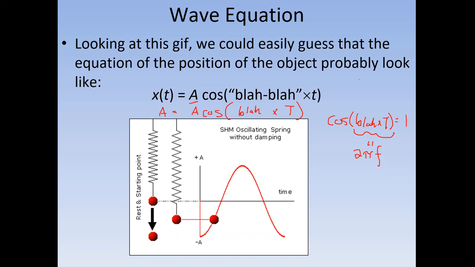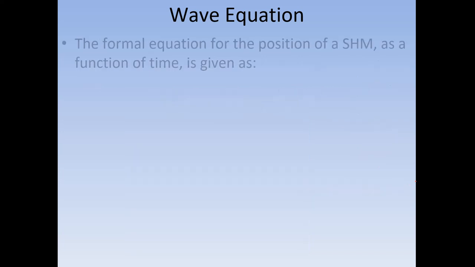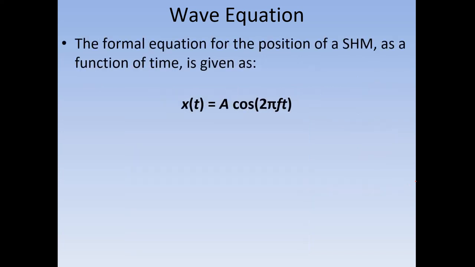The reason being is because frequency times period equals 1. So if I look back at this, 2 pi times frequency times period does equal 2 pi, and cosine of 2 pi equals 1. So we already figured out what the equation looks like.